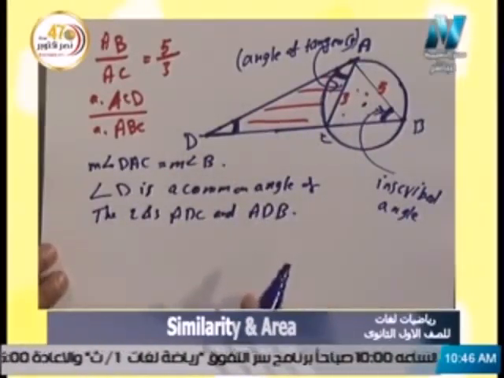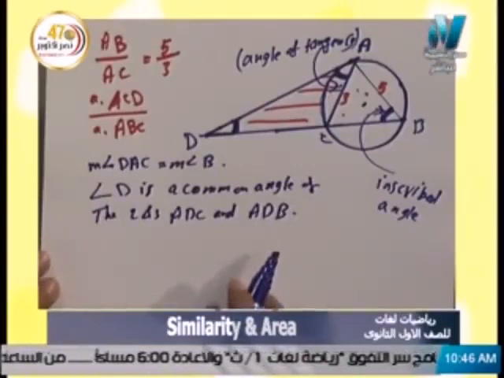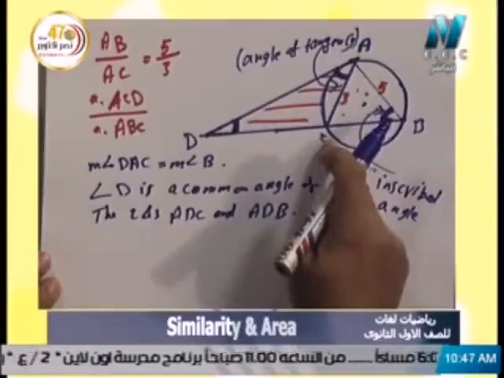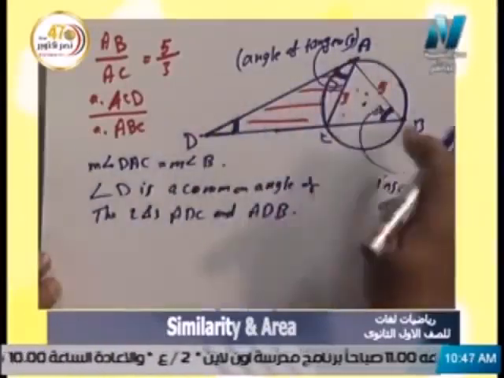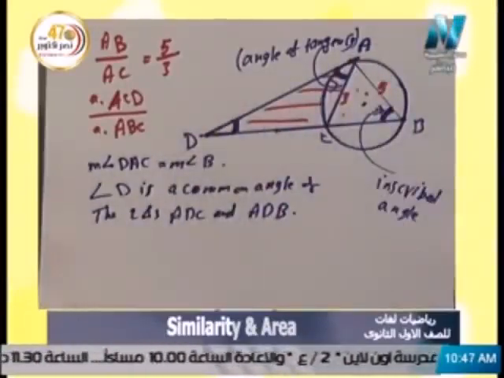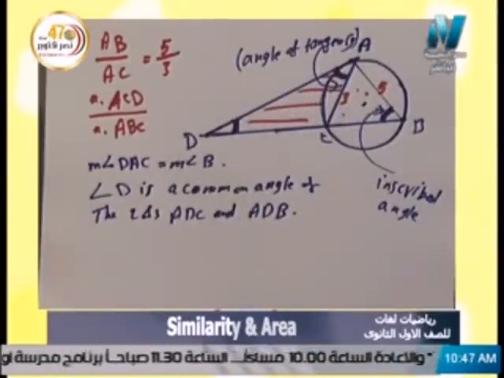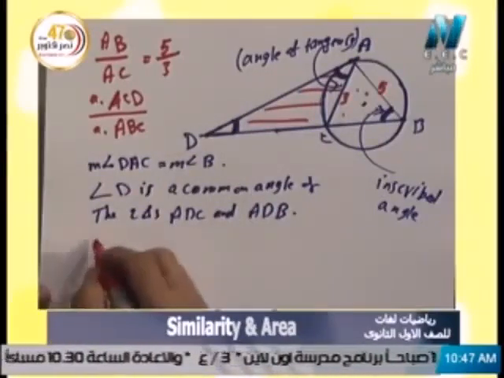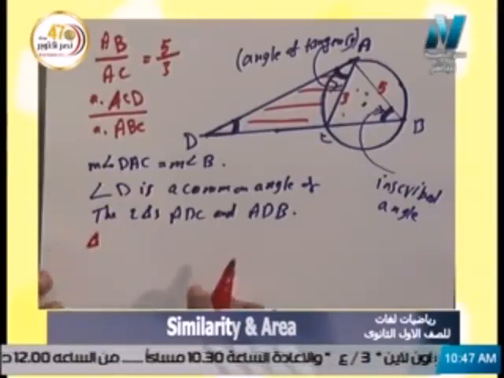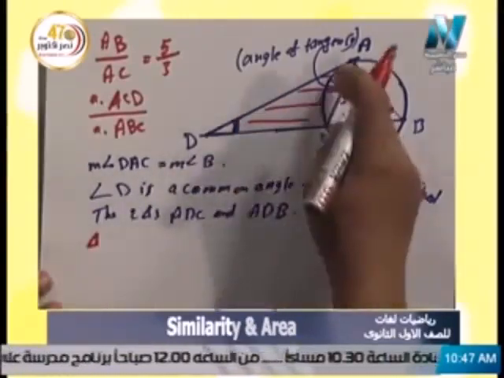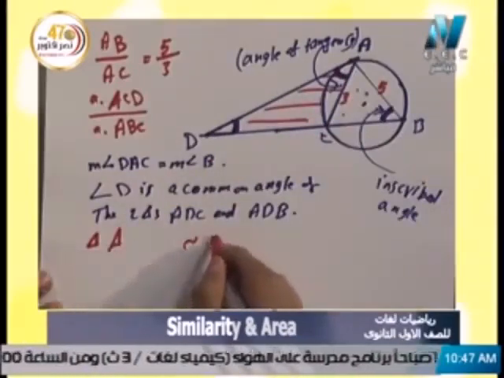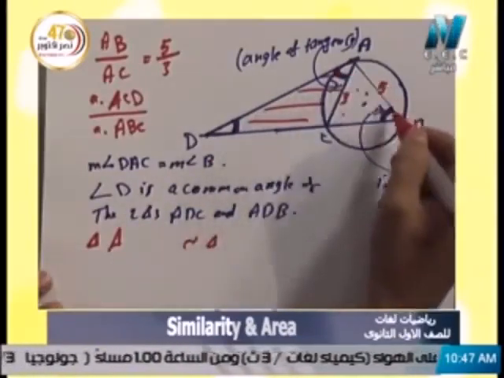So now we can say easily that triangle ADC is similar to triangle ADB, but be careful about the corresponding angles. First, try to write the triangle ADC. We will start with A. This angle equals this angle.